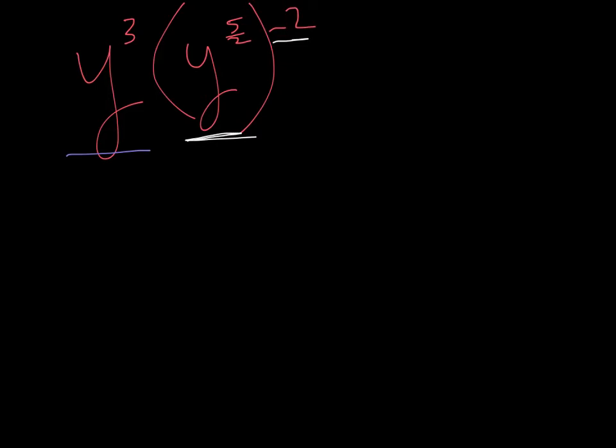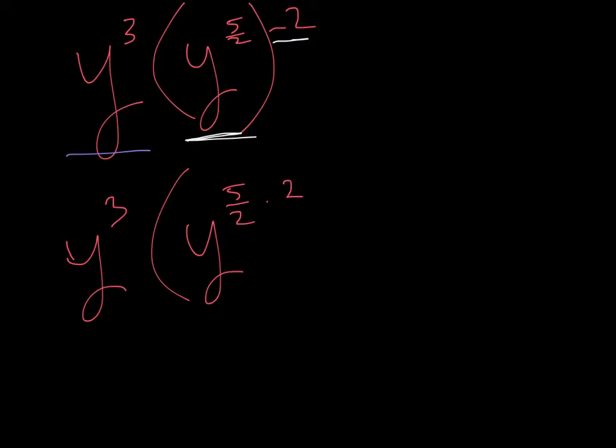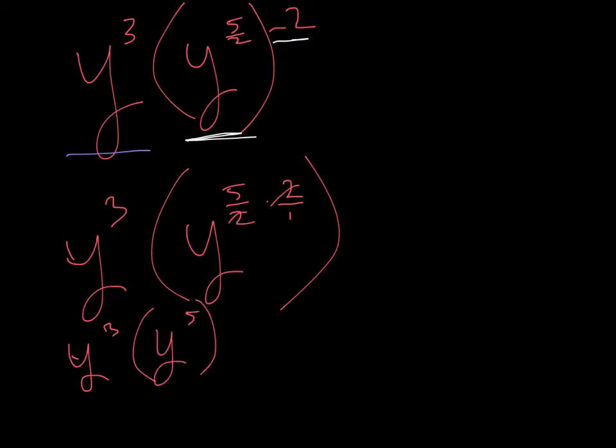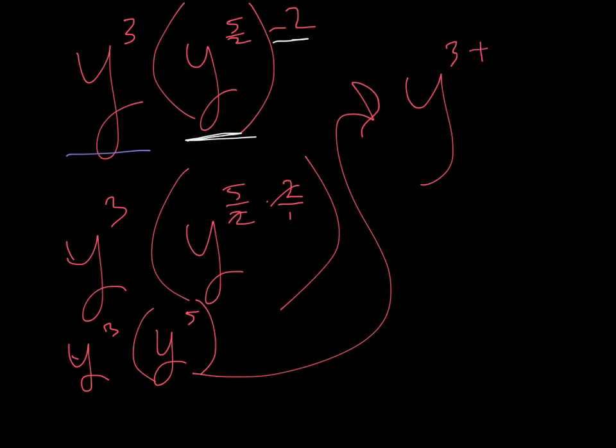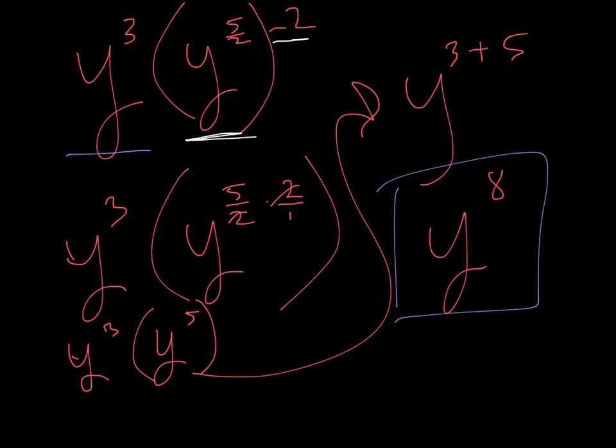So we're going to have y cubed times y to the 5/2 times 2, right? And that's like 2/1. So we get y cubed times, those cancel out, so that's just y to the 5th. And that becomes y cubed times y to the 5th, so you add the exponents, and that gives you y to the 8th. And there's our answer.